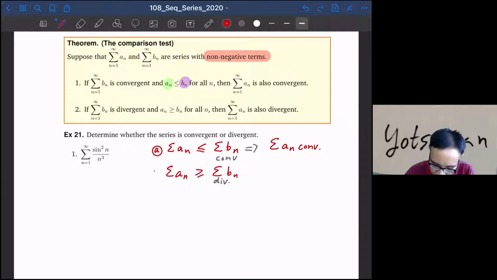And if you have some a_n higher than some b_n, and you know that the sum of b_n turns out to be divergent, you will be able to conclude that the series that is bigger, the sum of a_n, is divergent. Okay, so that is the conclusion that we can reach. So there are two points that we are going to aim for.